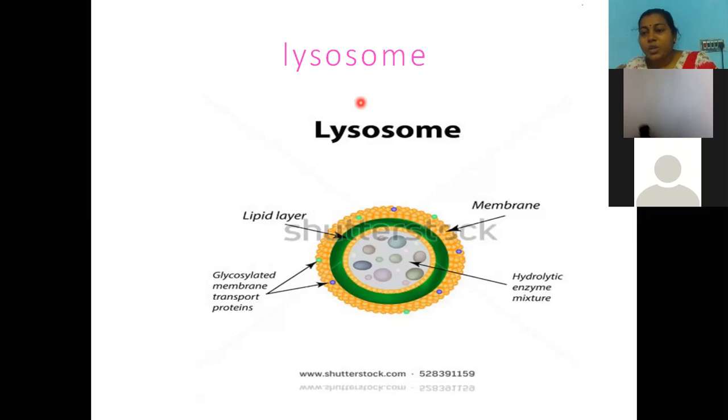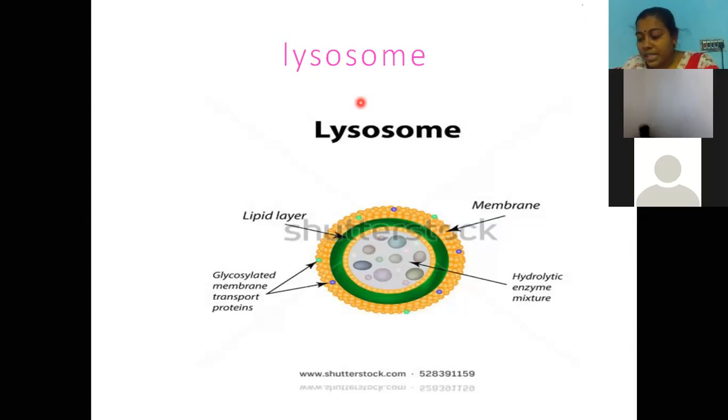How do they destroy those pathogens or poisonous material? Simply by releasing enzymes. These enzymes are highly efficient. They can break down these pathogens. So this is about the functions.